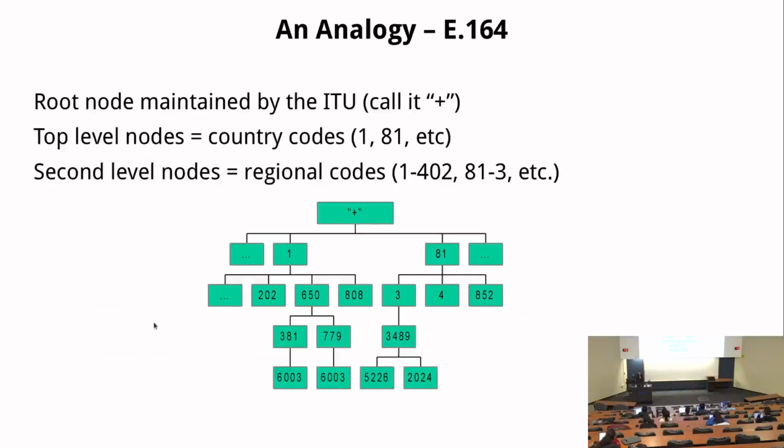This is similar to our telephone system. The root node can be just the plus. Then we have a country code, like US is 1. Other countries have different country nodes. Then at the second level, we have the regional code, like 716.